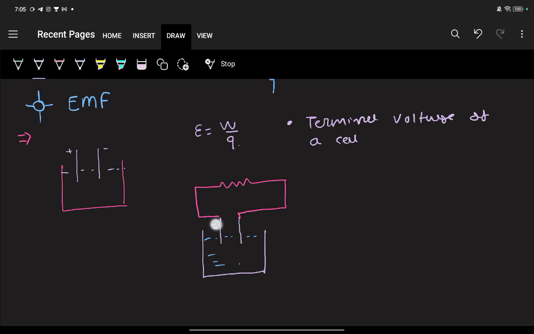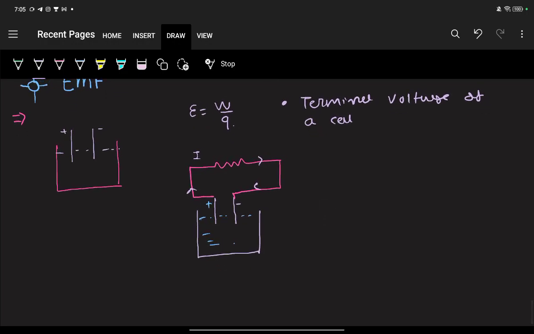This one is the positive electrode, this one is the negative electrode. So current is flowing from positive to negative. When current is drawn from a cell, when the cell is in a closed circuit, the potential difference between the electrodes of the cell is known as its terminal voltage.